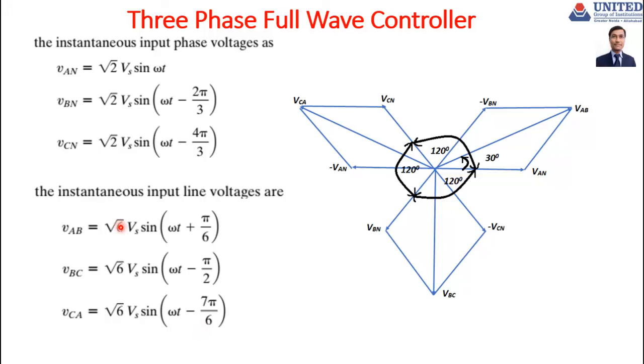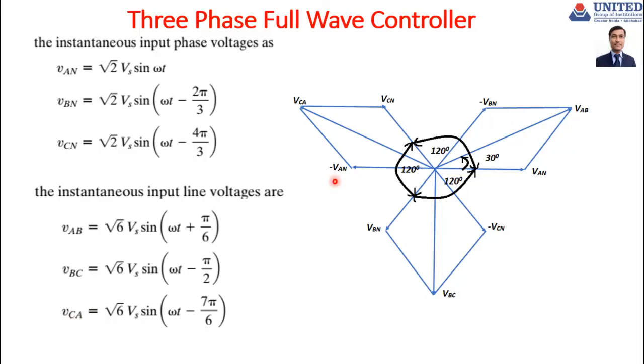Here again Vs is the RMS value of the phase voltage. So we see that VAN, VBN, VCN are the phase voltages of the supply, and VAB, VBC, VCA are the line voltages of the supply.